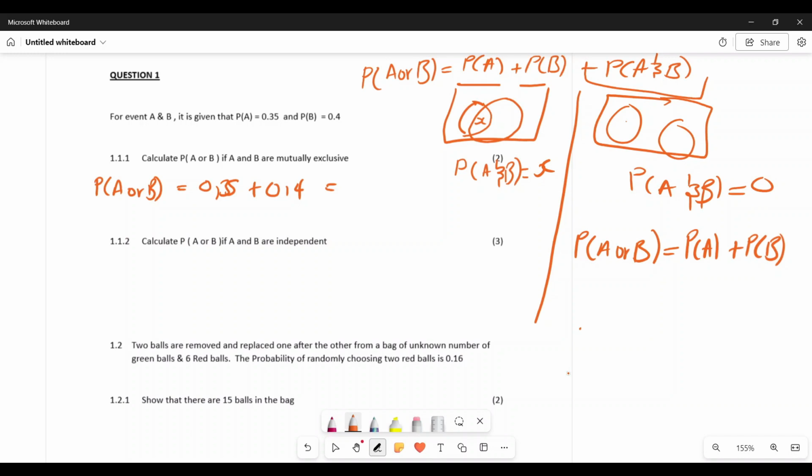Punching it into my calculator, the probability of event A or B should be equal to 0.75.